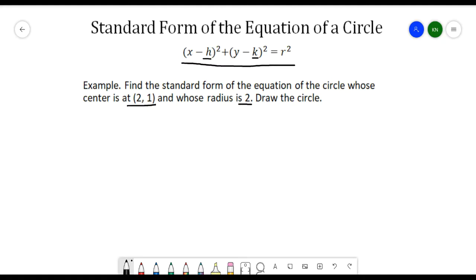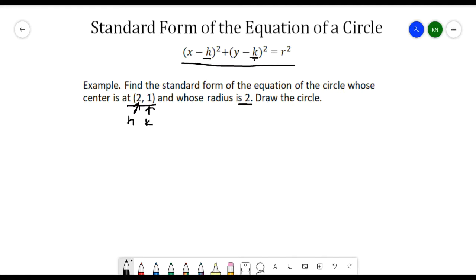From the example, again, h and k are the center points. So our center points, h and k, are 2 and 1.